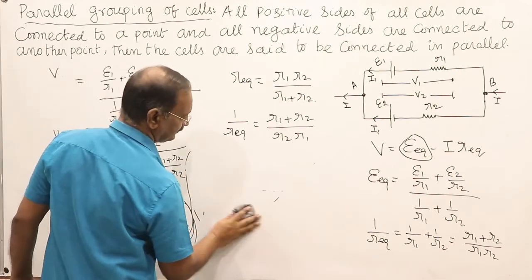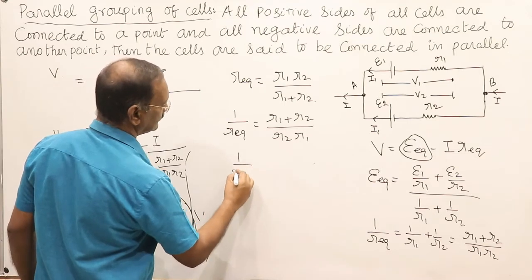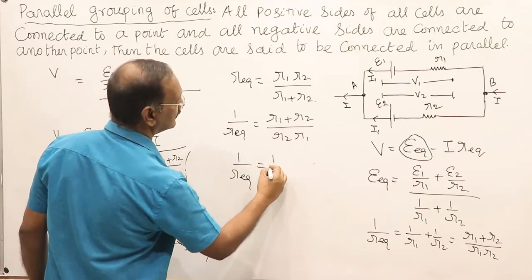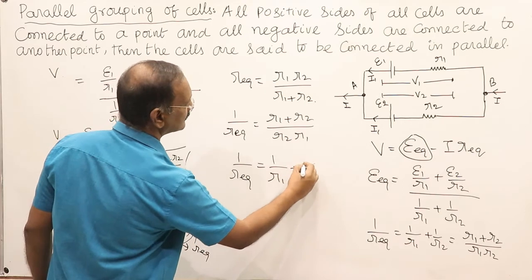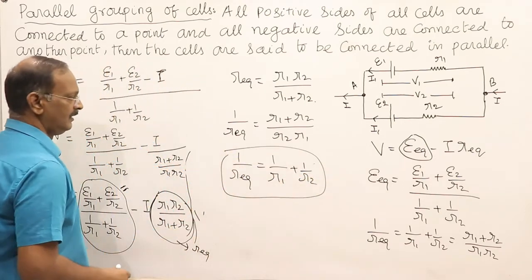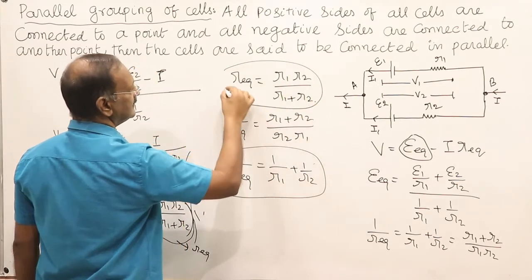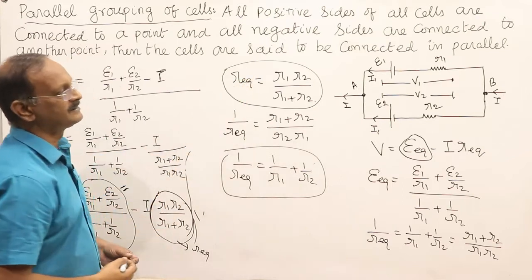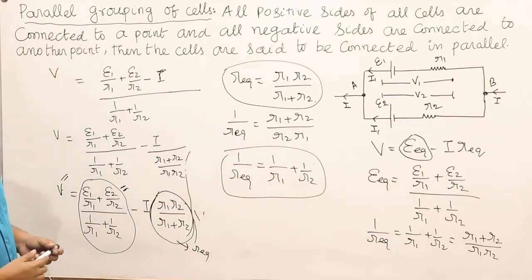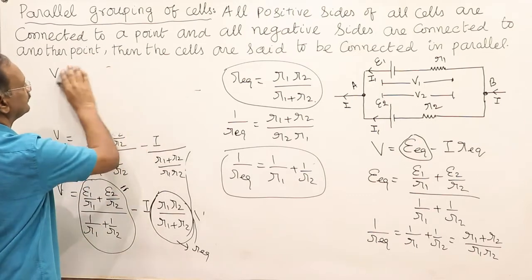Therefore 1 by R equivalent is equal to 1 by R1 plus 1 by R2. This is the expression for 1 by R equivalent, the equivalent resistance of the parallel combination of the cells. So we can give the circuit diagram.